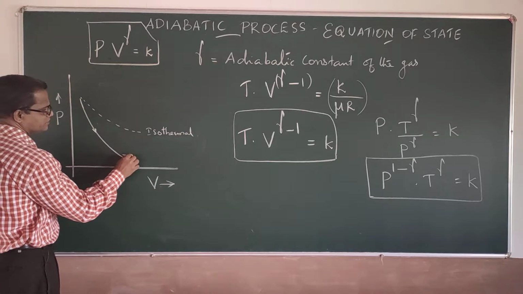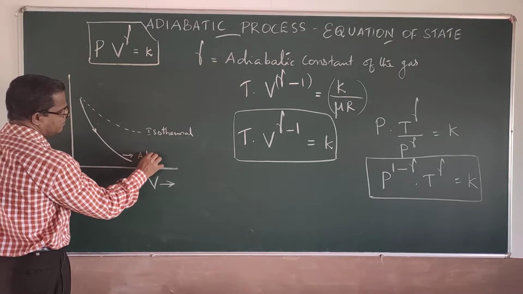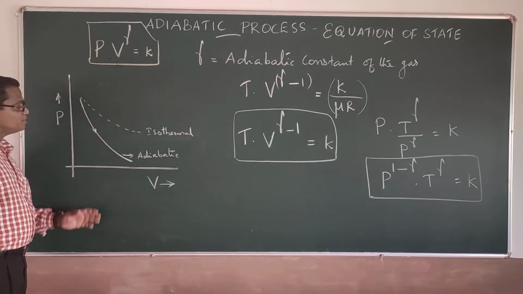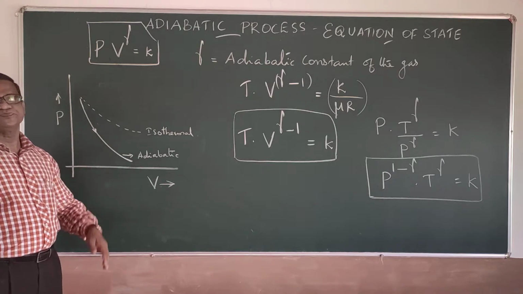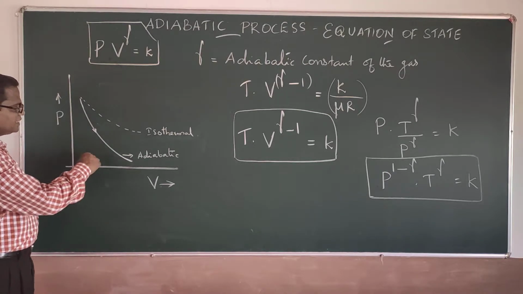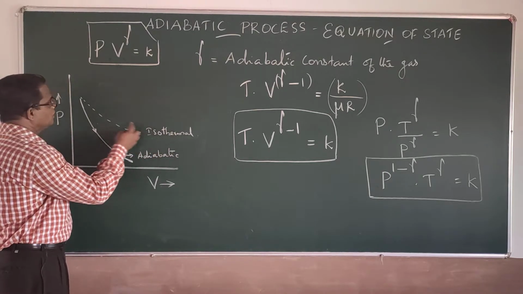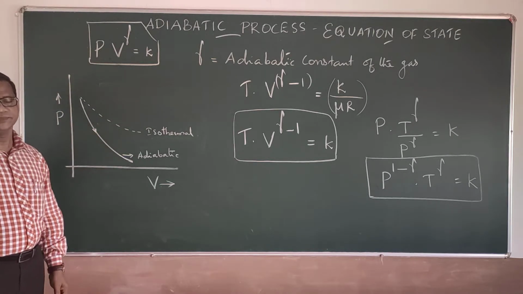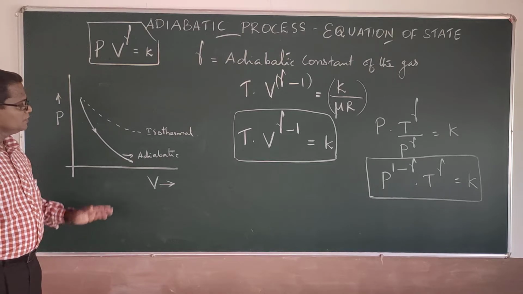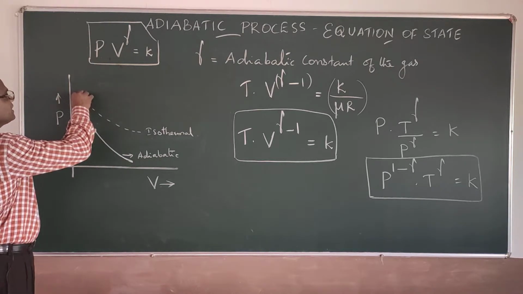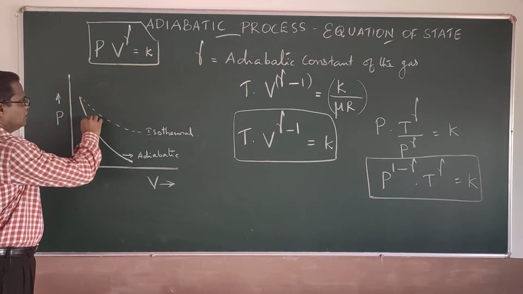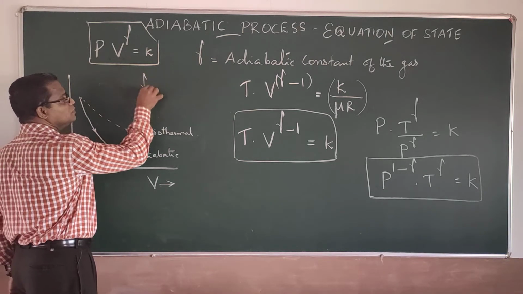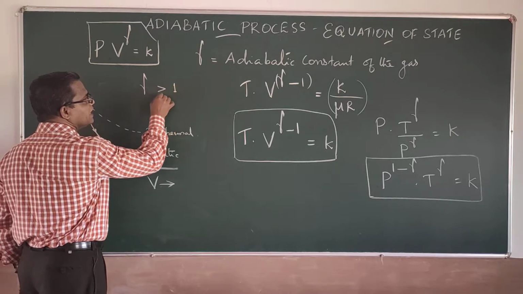And this is adiabatic, because the slope is a little more large. So to compare that, I have drawn this isothermal also here, just to compare how this adiabatic expansion is done. So that's V raised to gamma is coming like this, because gamma value is always greater than 1.